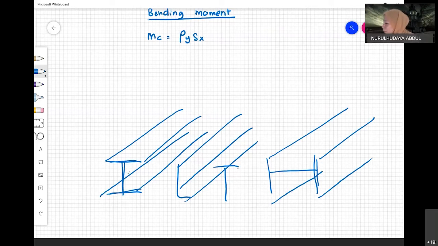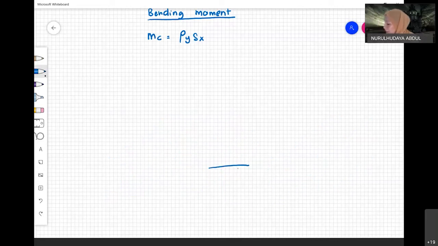Baru ini kita kira for Y. Tapi sebab beam ni tegak, jadi macam ni dia adalah X. Baringkan dia like this, it will actually reduce the capacity beam ni. Dia lagi kuat berdiri tegak. Sebab apa? Kalau you kira ISX pun, you akan dapat ISX this one lagi rendah daripada ISX ni.